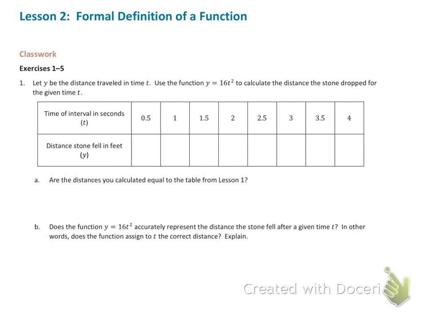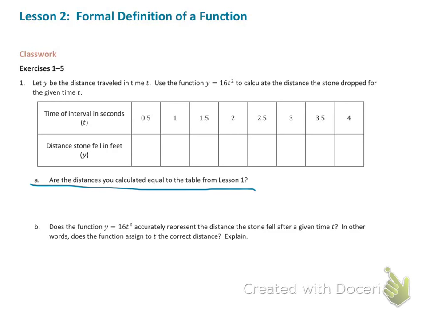And we're going to use the function y equals 16t squared to calculate the distance the stone dropped for the given time t. Okay, and in part A, we want to make sure as we compare these that they're the same as the distances from lesson 1 in the table.